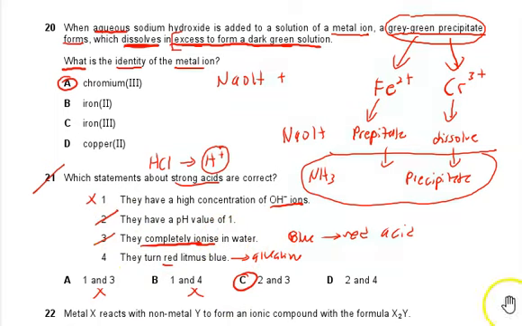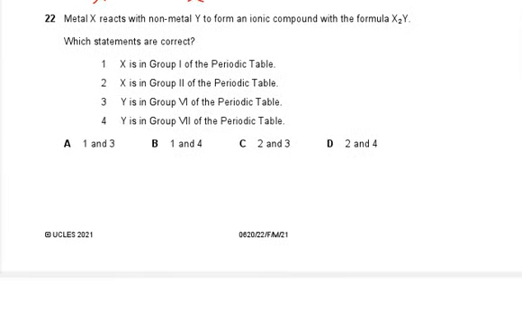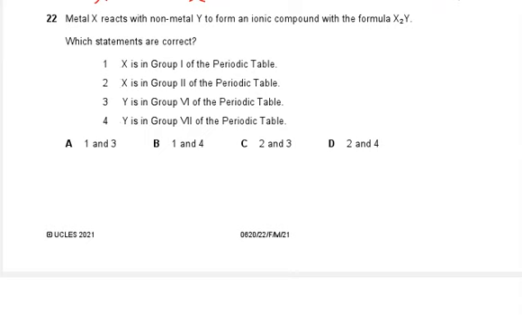Now let us look at number 22. Metal X reacts with a non-metal Y. Metal and non-metal will form an ionic compound with a formula of X2Y, which means X will be positive 1 and Y will be 2 negative.